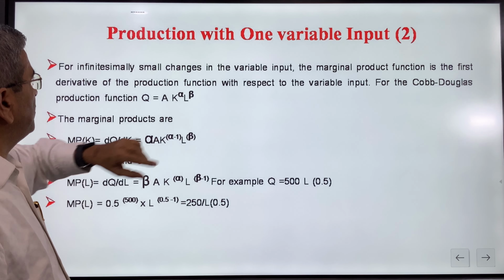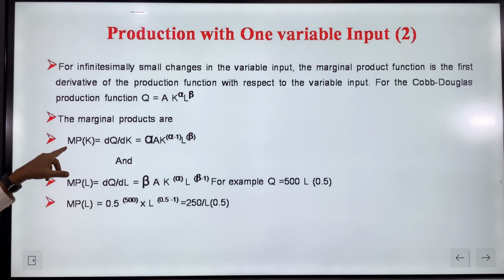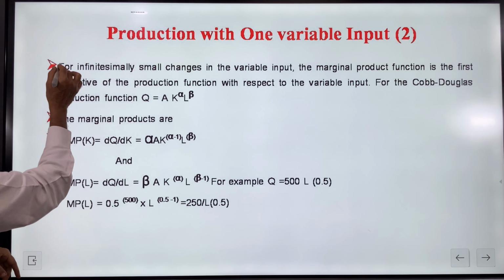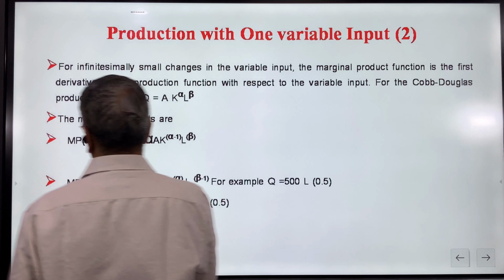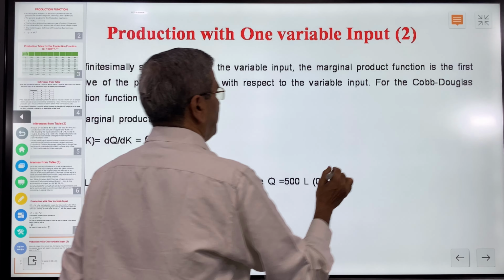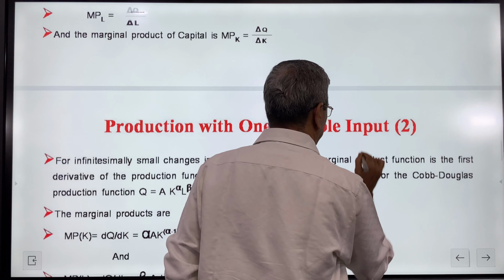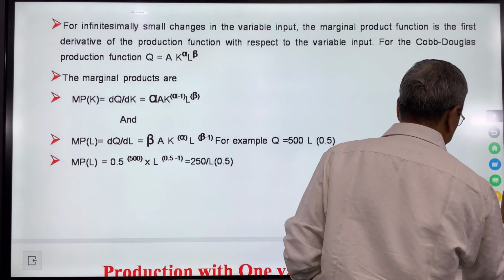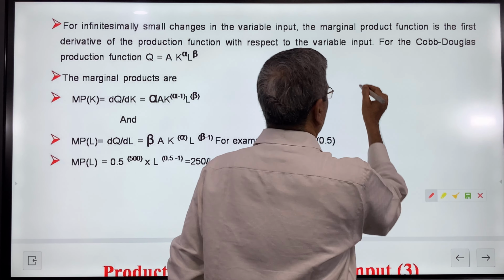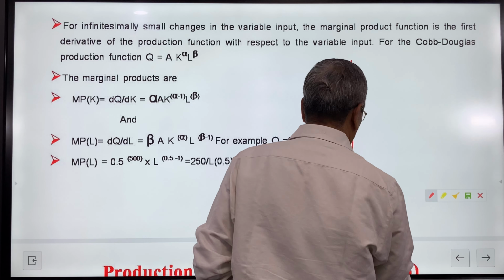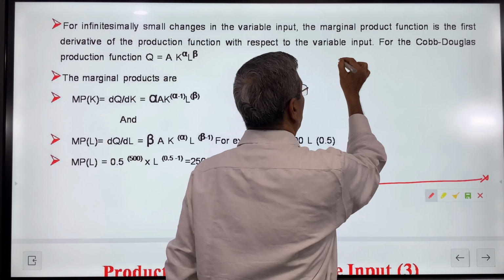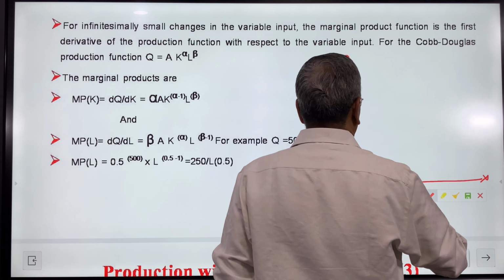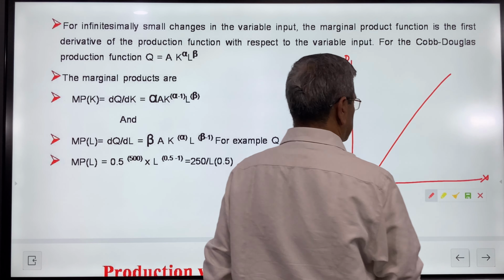Production with one variable input only we are continuing, wherein if the difference is infinitesimally small, that means you are talking in terms of point elasticity. So instead of having 2 points, let us say one curve is like this.